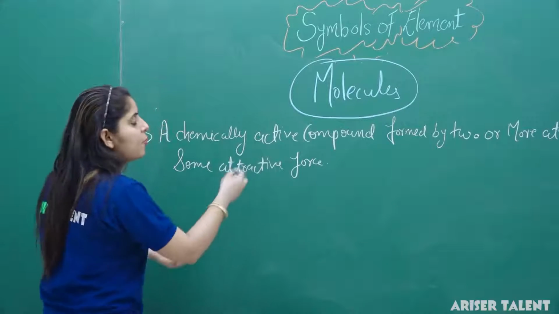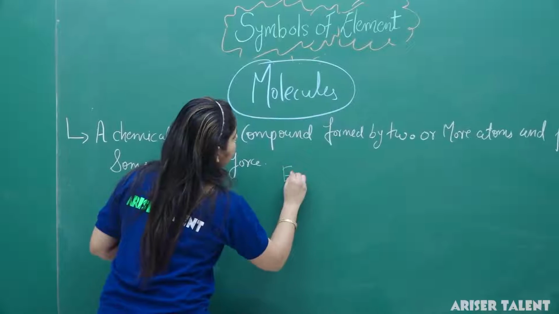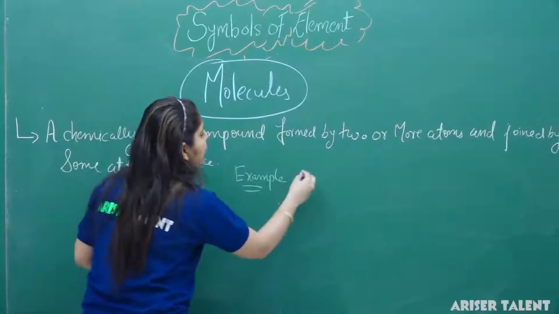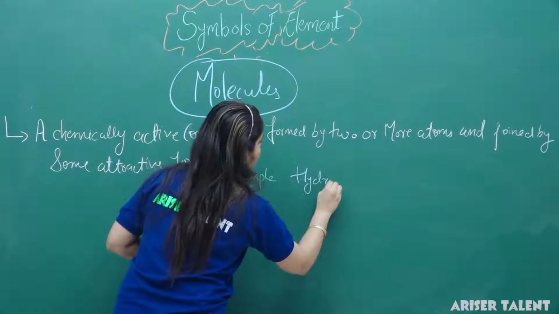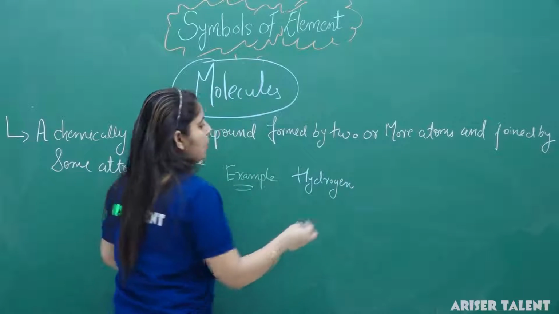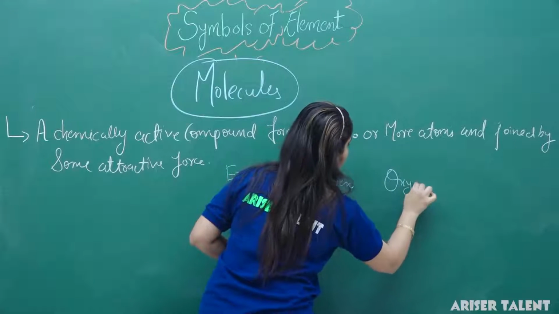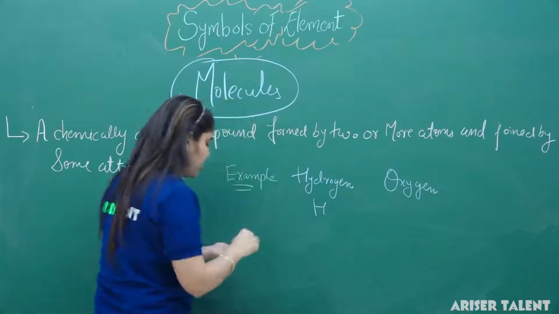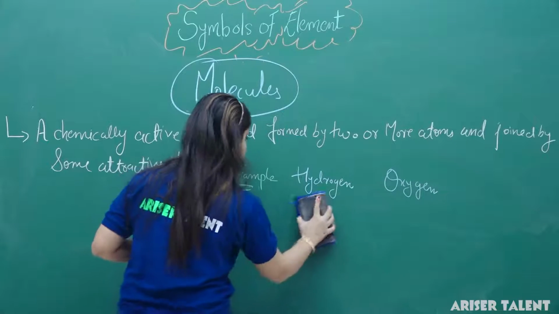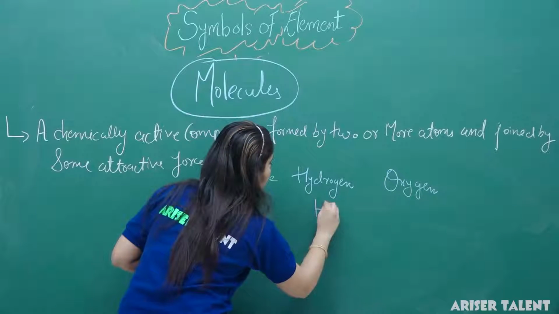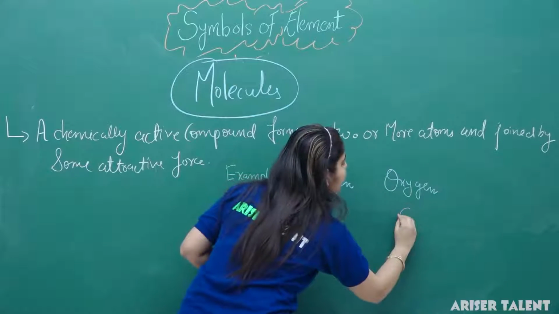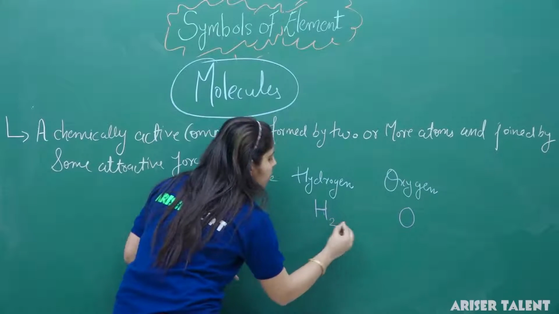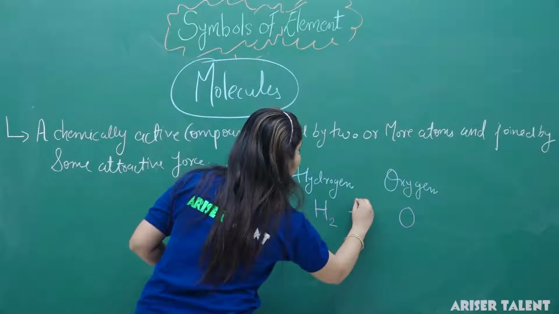Here I am writing an example of a molecule. Suppose we have hydrogen and oxygen. For hydrogen we have the symbol H, and for oxygen we have the symbol O. Suppose we take hydrogen in a proportion of 2 atoms and it combines with oxygen.